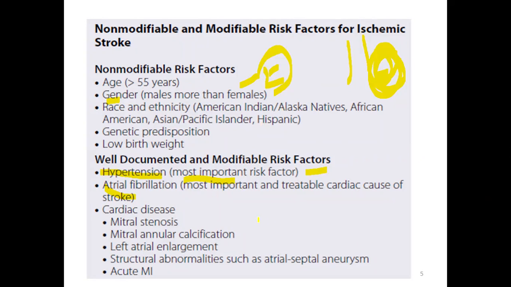Then the cardiac disease, what I said before, like rheumatic heart disease, which causes stenosis of the valves. Then maybe structural abnormalities in the heart chamber. Of course, even acute myocardial infarction can increase the risk of stroke. Have you heard about the association between COVID-19 and stroke? I don't know whether you have heard about this news.